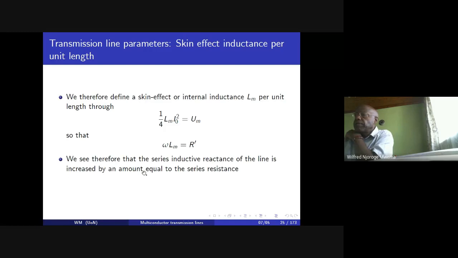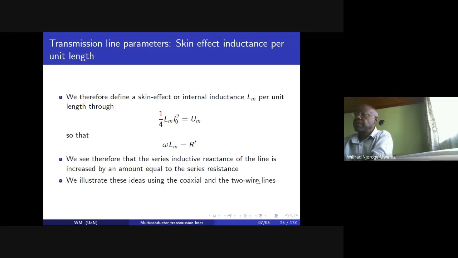So because of this skin effect, the series inductive reactance of the line will be increased by an amount equal to the series resistance that we have in that conductor. And therefore, when you are designing communication links, you have to worry about the conductivity of your line, because this will affect the values of the inductance per unit length.